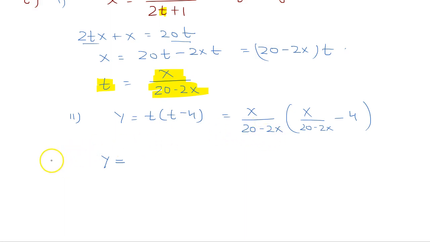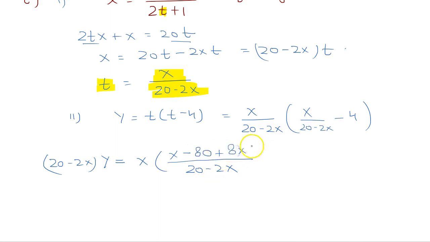Let's multiply by 20 minus 2x, so this is x minus 20 times 4 is 80, minus minus plus 8x.